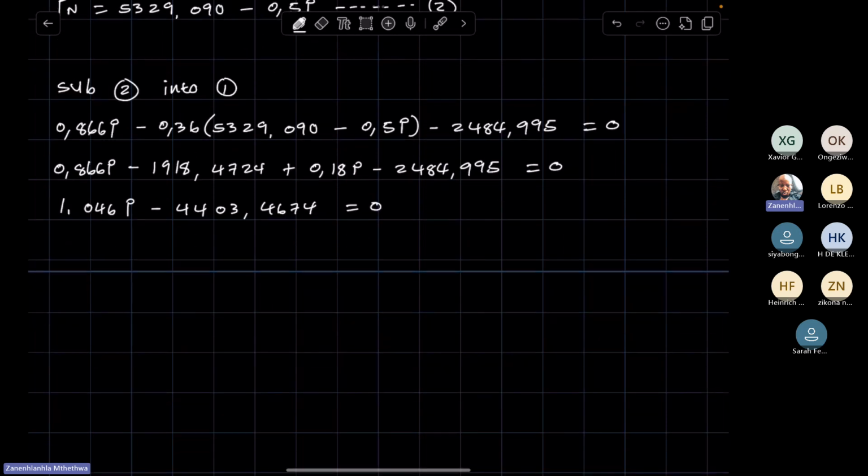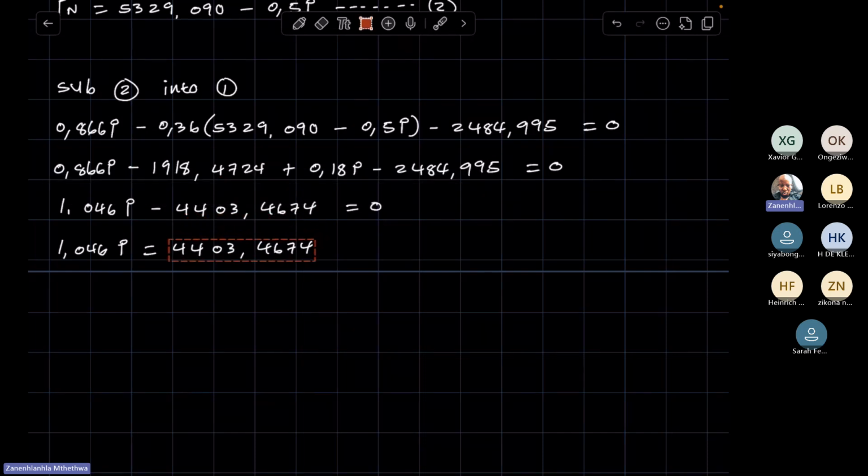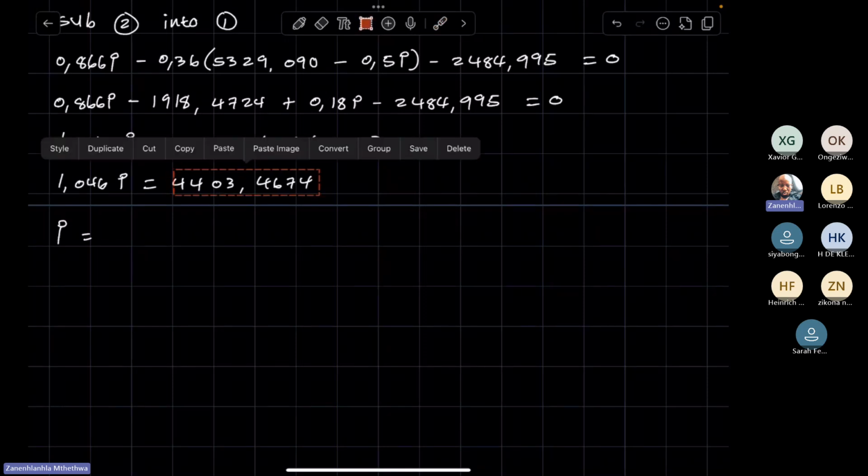All right. And then in solving for P, you transpose this term to that side. All right. So you will have 1,046P is equal to, and then when you transpose this term, it becomes positive. Now you make P the subject of the formula by dividing by its coefficient.